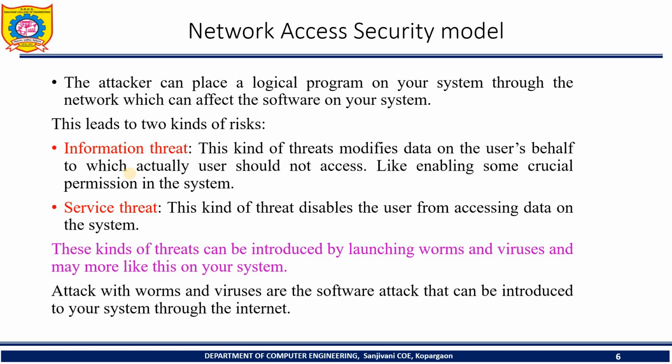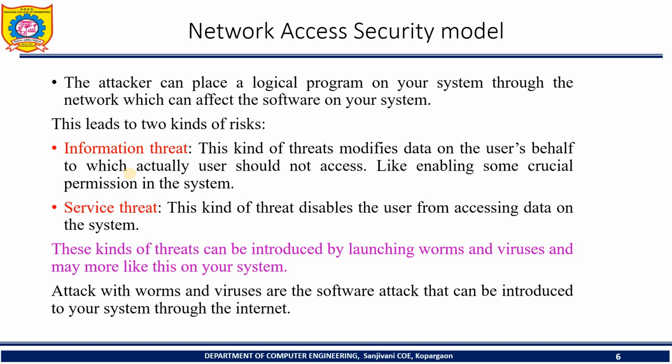So the first one is information threat. This kind of threat modifies data on the user's behalf, to which the user should not have access, like enabling some crucial permission in the system. Suppose your system has enabled some antivirus software.